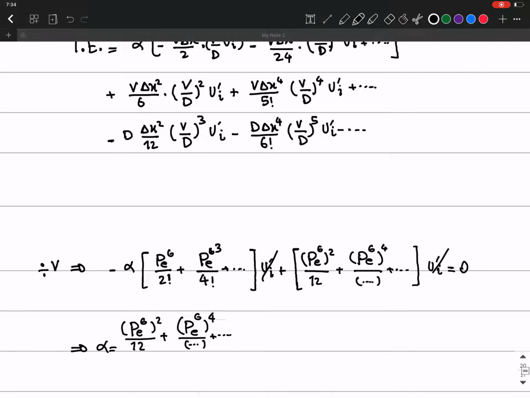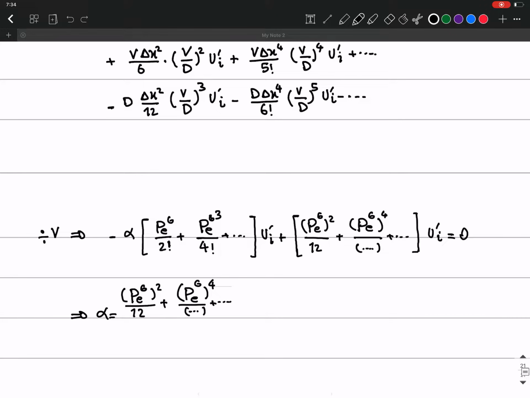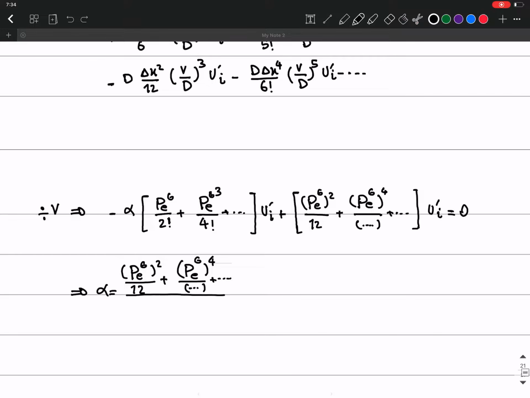These U prime I's are going to cancel, right? Over what? In the denominator is going to be Péclet over 2 factorial plus Péclet over 4 factorial and others.